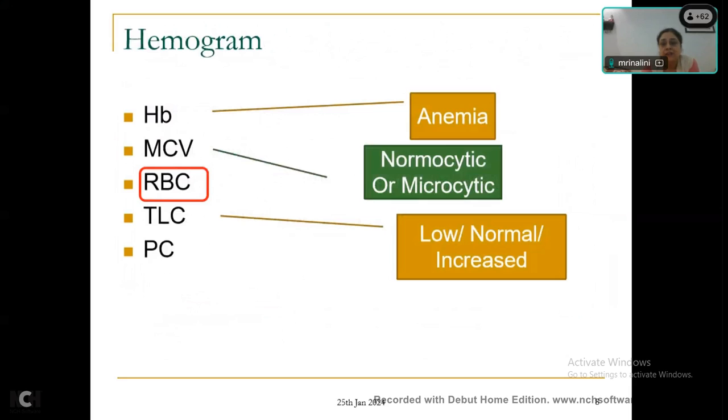Then MCV, whether it is normocytic or microcytic. I'll tell you in my subsequent cases why it is important to know whether it is normocytic or microcytic. And also TLC, there is an abnormality, although it won't affect the interpretation of HPLC.